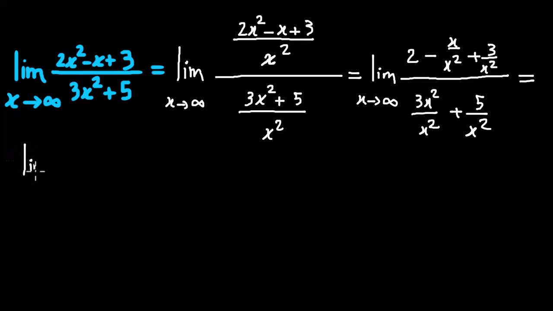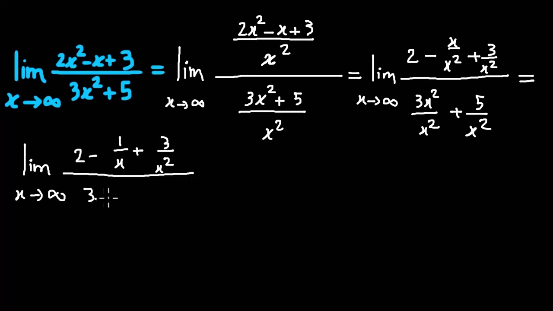After simplification, we have (2 - 1/x + 3/x²) over (3 + 5/x²).